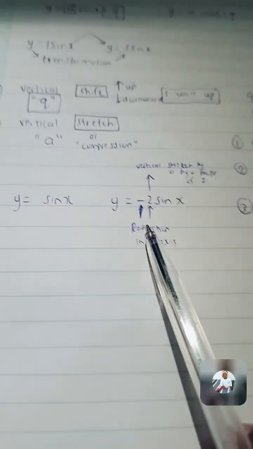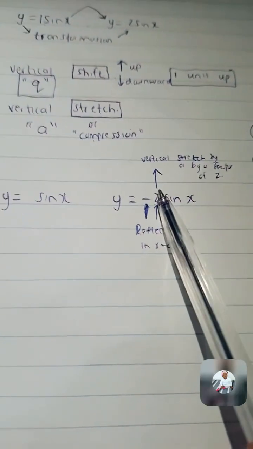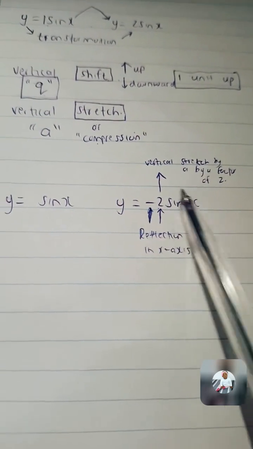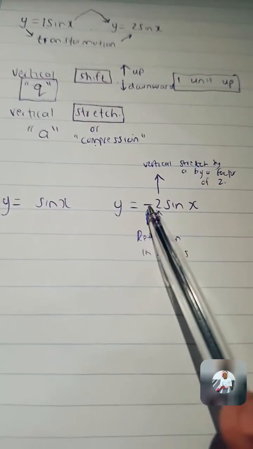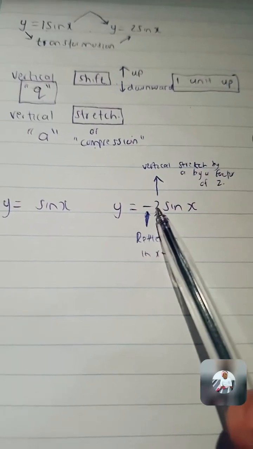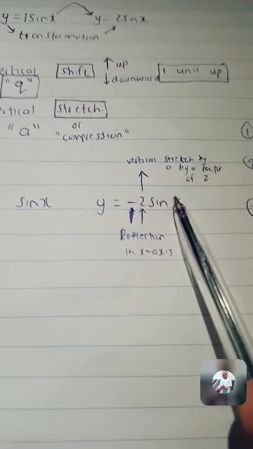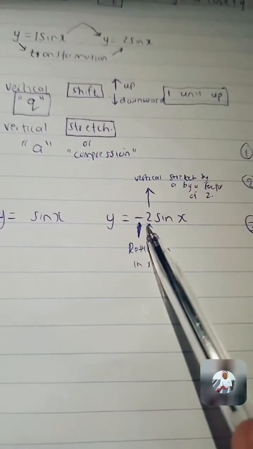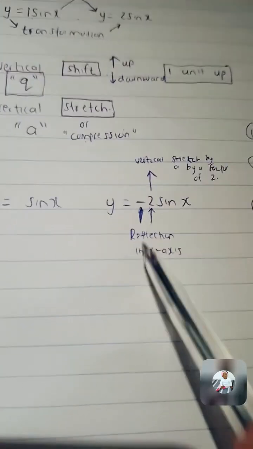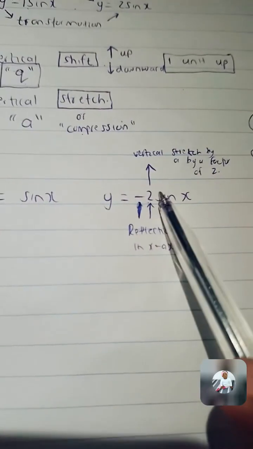Okay. So I hope we are good now with that. It's very important. And the order here, because -2 is multiplied to sine x, this relationship that exists between minus and 2, and the fact that they are both multiplied to sine x, allows you to say it reflected in the x-axis, then stretched by a scale factor of 2.